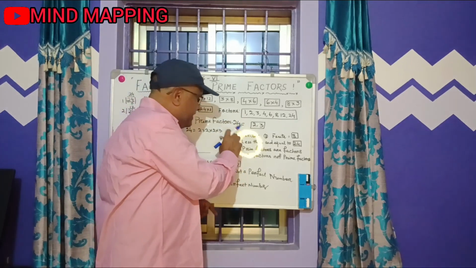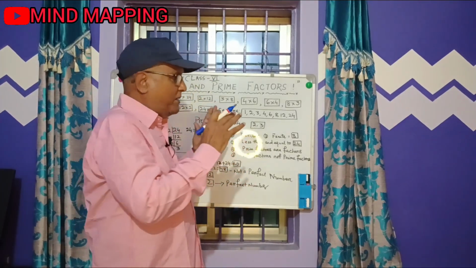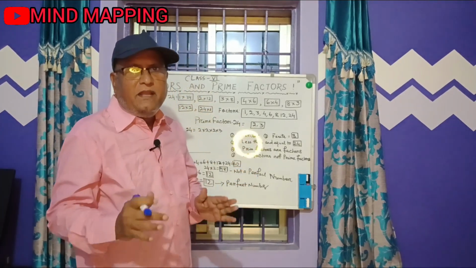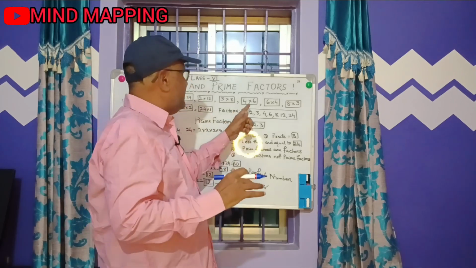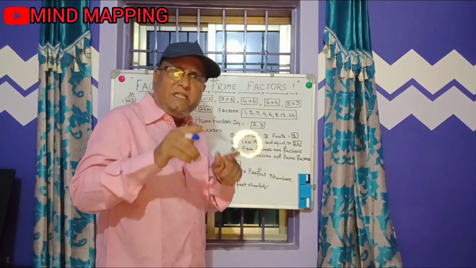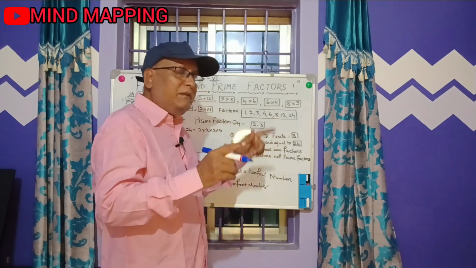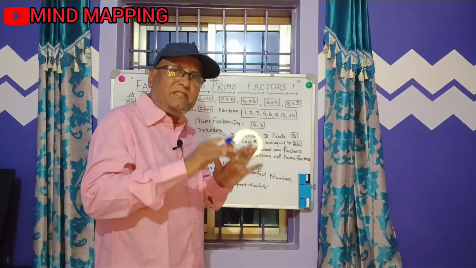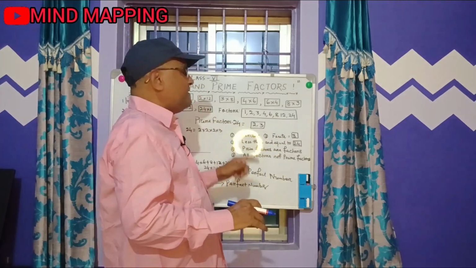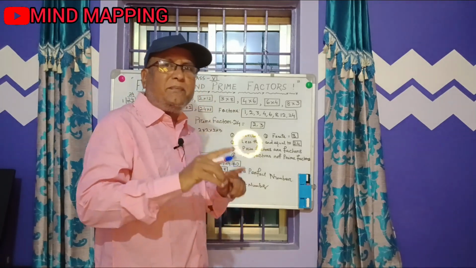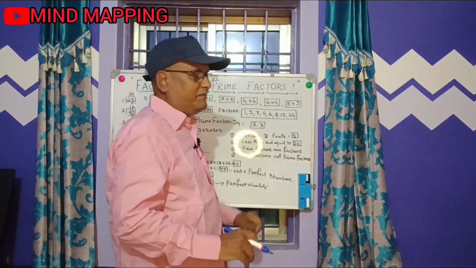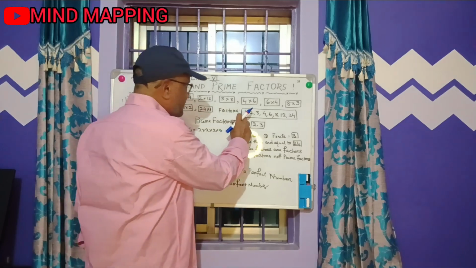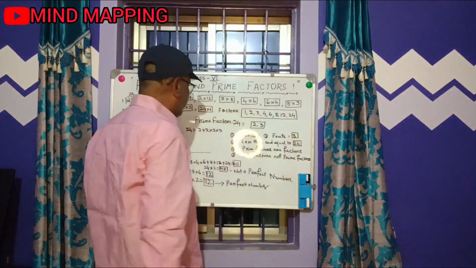I have written here that the nature of a factor is a divisor. Each factor divides. The number divides itself, so the number is a factor of itself. And 1 divides the number, so 1 is a factor of the number. These are the factors of 24.